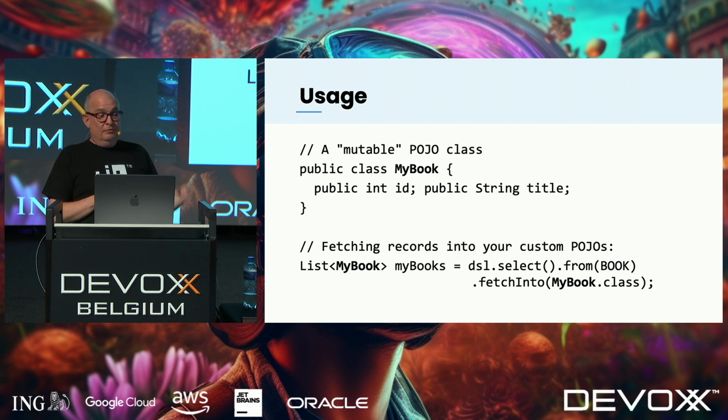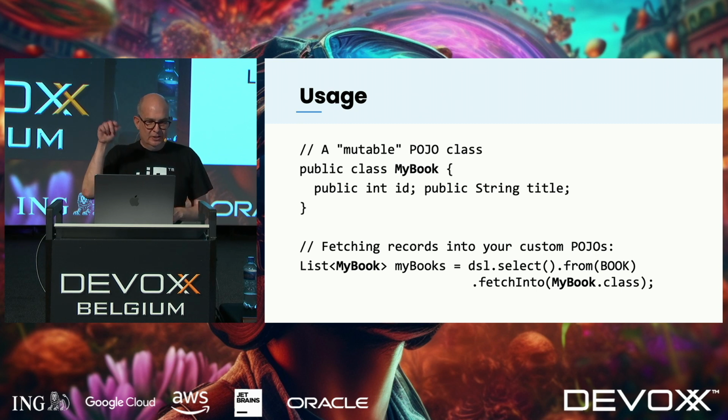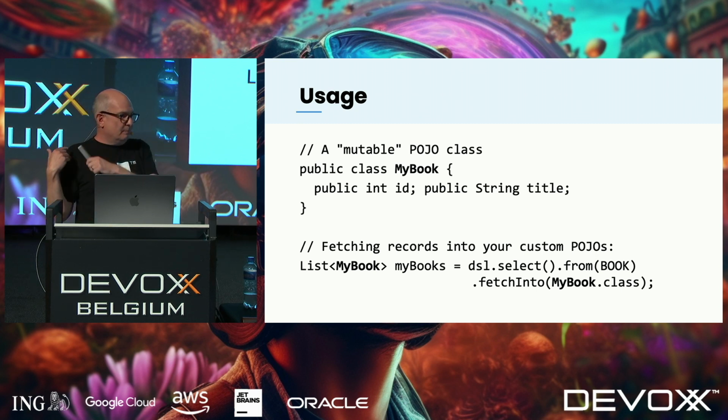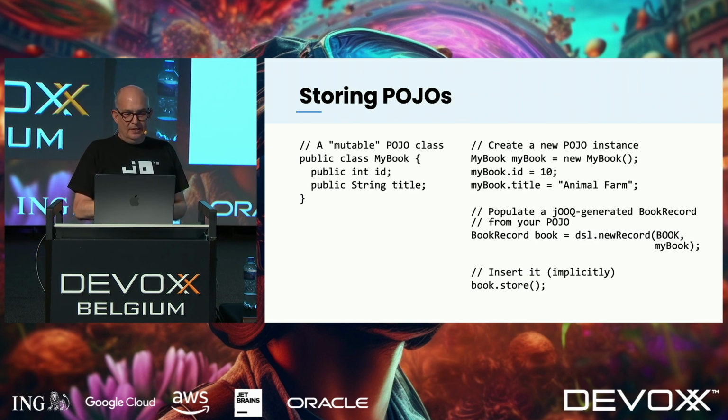What you also can do if you have such an object, because if we go again to the idea of a REST API, someone could use this book to store data. So we have a single page application, for example, and someone can change the title of the book. Then the book comes back to your application, and what you do with jOOQ is also very easy. Here we have the book that's created, but we can also use the new record method that we have seen before to send an instance of a POJO.